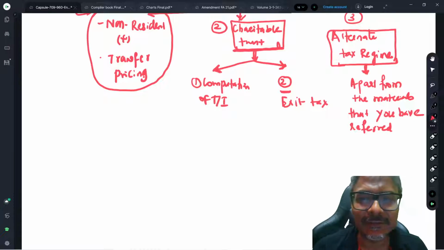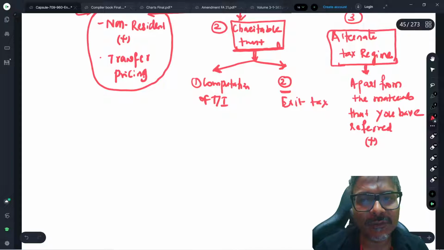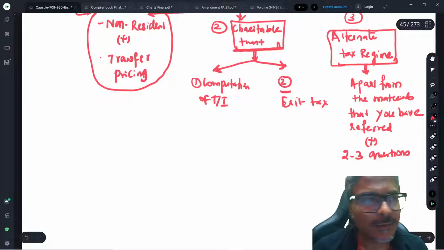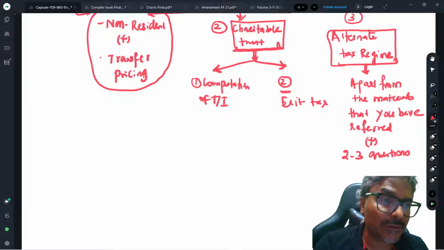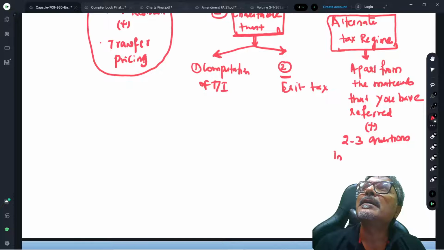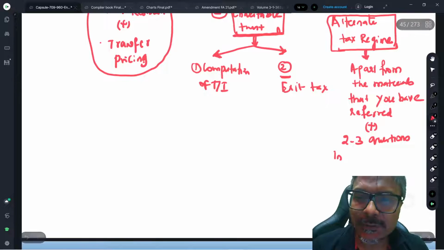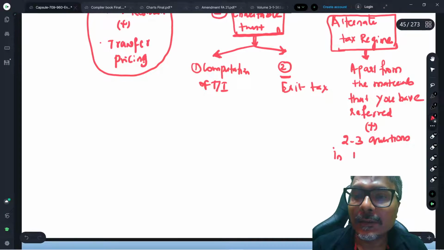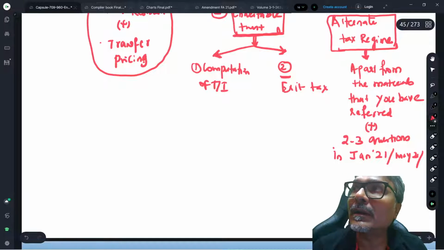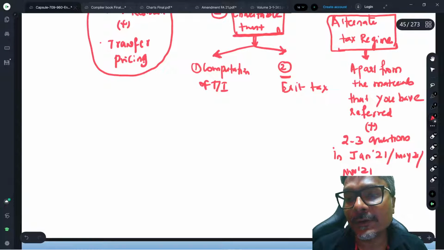Yes, exactly, Shuddhadev. Apart from the material you have referred, you will solve 2 to 3 questions from Jan 21 or May 21 or November 21 and May 22.